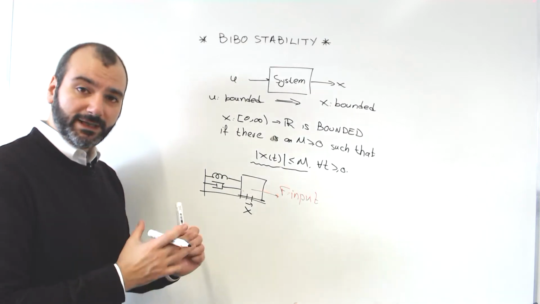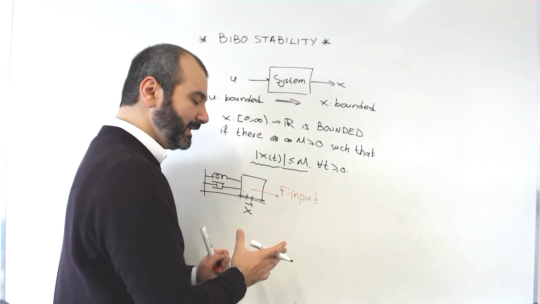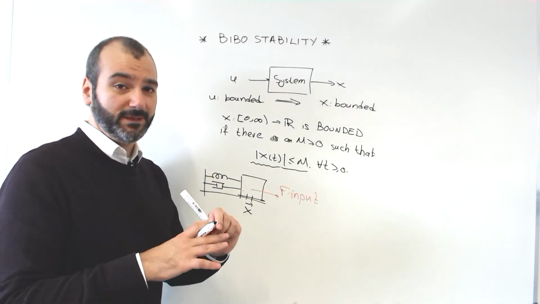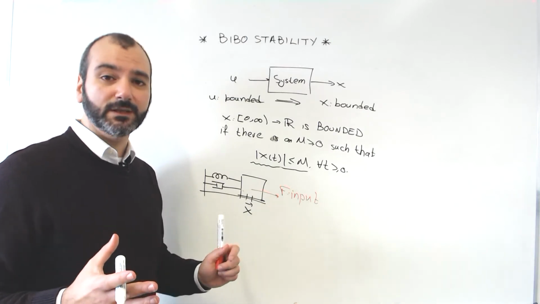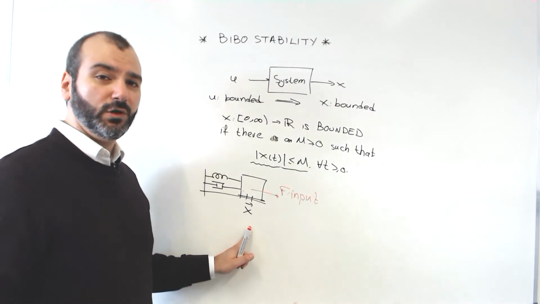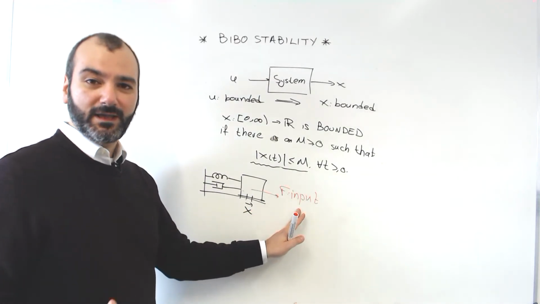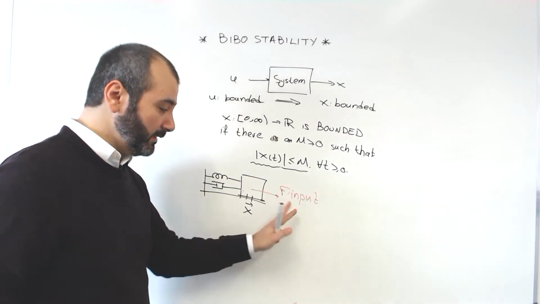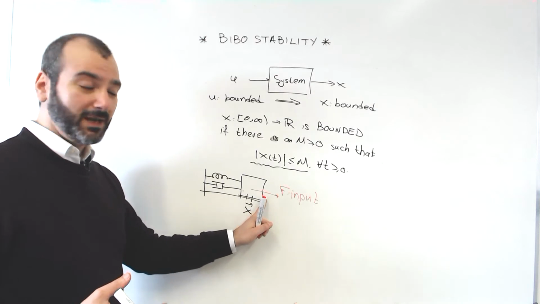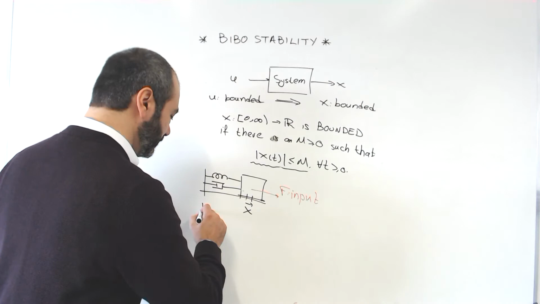It becomes intuitively clear that if f is bounded, if it doesn't exceed, for example, 1 Newton, then the displacement cannot go unbounded. It cannot start running if you just apply a finite force. There will be the restoring force that at some point will counterbalance the applied force F. So this is a BIBO stable system.